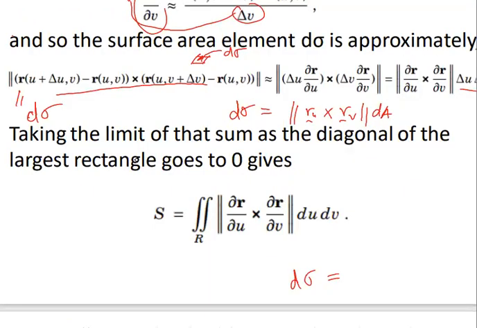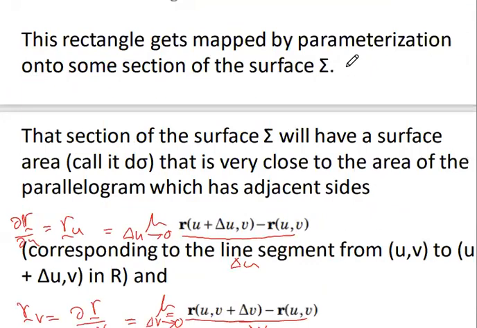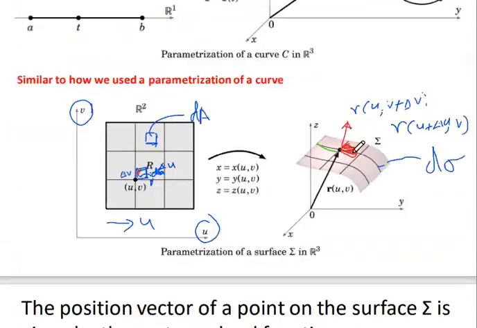So if you add up these infinitesimal area parts throughout the entire sigma, you get the surface area.